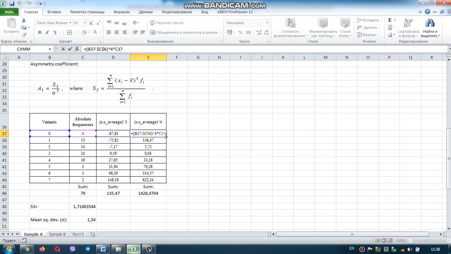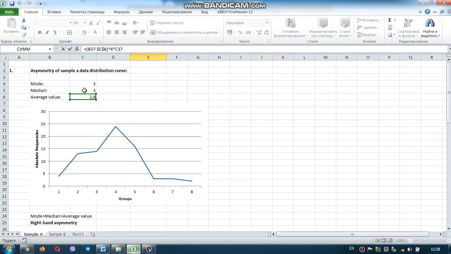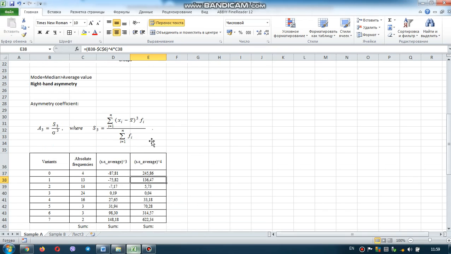We have to create an additional column and input this formula into our column: X value minus average value to the fourth power multiplied by absolute frequency. Don't forget to fix the average value because it is in the formula and it is not to be moved.